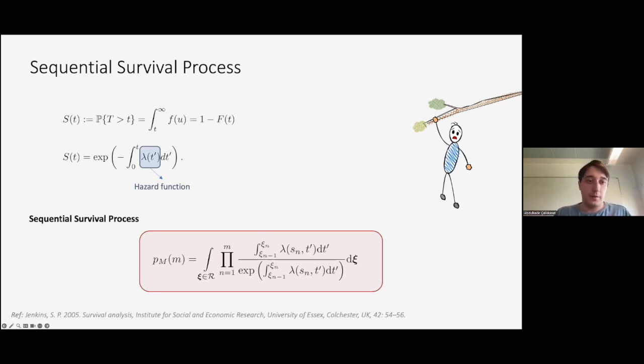That's why we propose this sequential survival process. It relies on these sequential survival functions, but here we just have an additional parameter S_n. It indicates the state of the node pair at time t prime. If there's an edge between these nodes, then it will be +1, otherwise it will be -1.